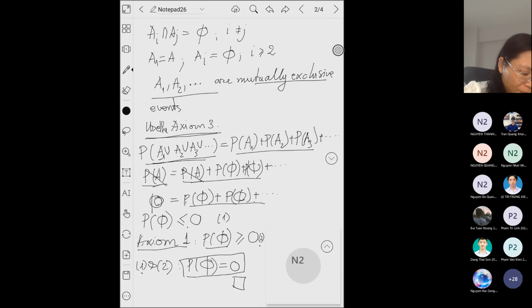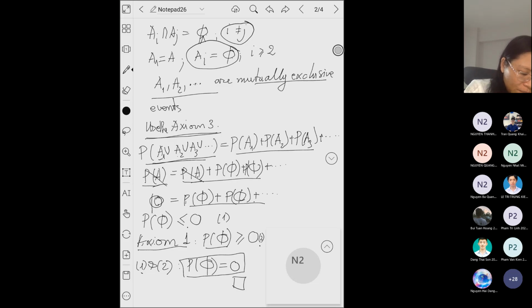You see that with this notation, we have Ai intersection Aj equals the empty set for all i different from j, because A1 equals A and Ai equals the empty set. The empty set intersected with any set is always a null set.